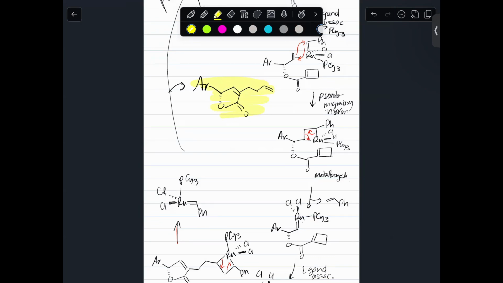So step A was our ring opening, ring closing metathesis, or ring closing, ring opening metathesis, which we just learned.